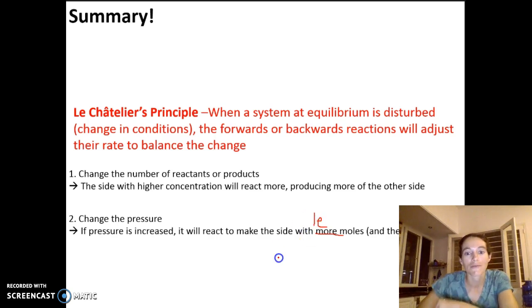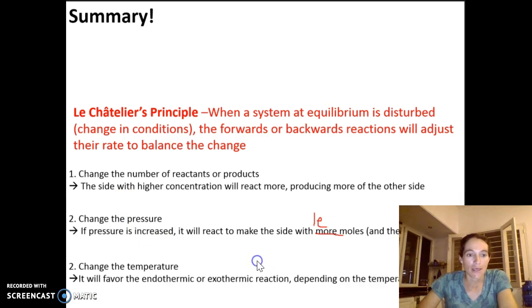Can't write the rest of it, but less moles. And if the pressure is decreased, it'll react to form more moles. And then the last one is we change the temperature. It'll favor either the endothermic or the exothermic reaction, depending on what the temperature change is. Okay, so that's it.